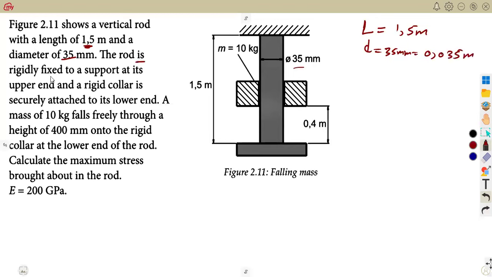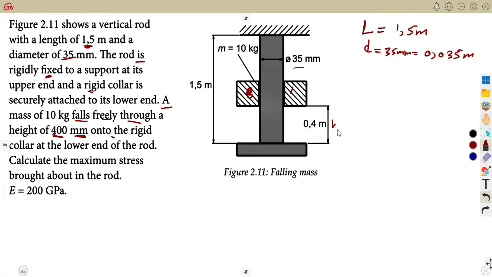The rod is fixed to a top, which is the support in that case, at its upper end, and a rigid collar is attached to its lower end, meaning to say we have that rigid collar there. A mass, which is part of our load, falls freely through 400 millimeters onto it.